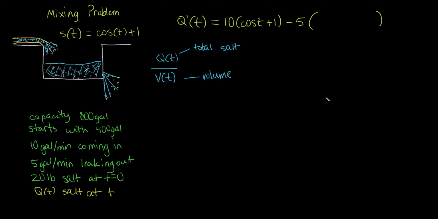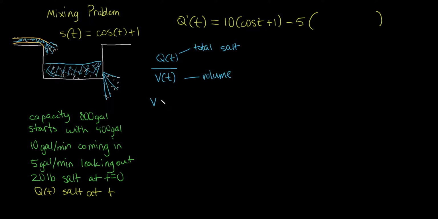Well, you could say that V of 0 is starting at 400 gallons, right? And at all times there's 10 gallons coming in, and there are 5 gallons leaving. So that means there's a net of 5 gallons.